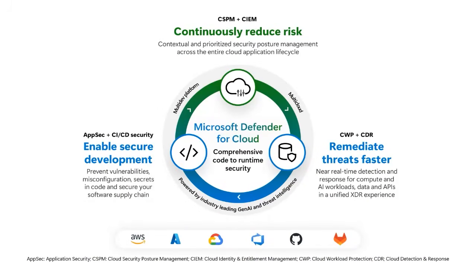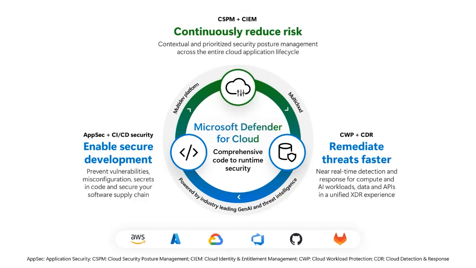So most organizations use CNAPP solution. Microsoft Defender for Cloud provides a comprehensive code to runtime security. Starting with secure development, we have native security controls infused in the existing developer workflows to help you code and build applications securely. With contextual posture management, we help you prioritize and reduce risk continuously across the entire cloud application lifecycle.